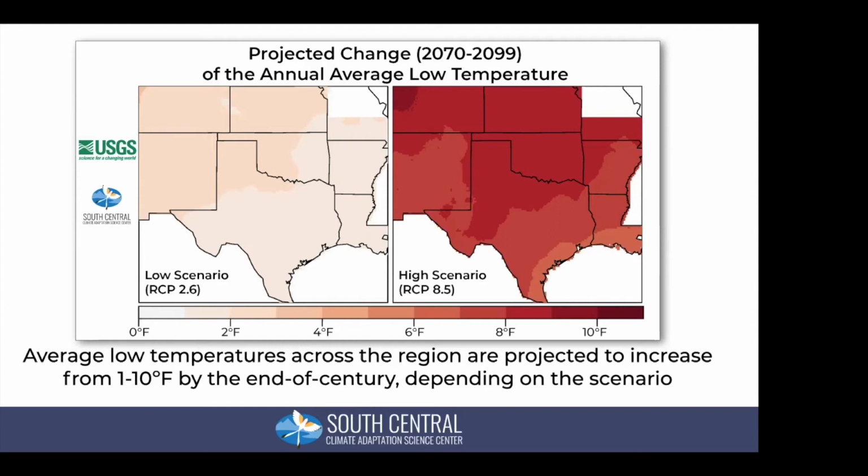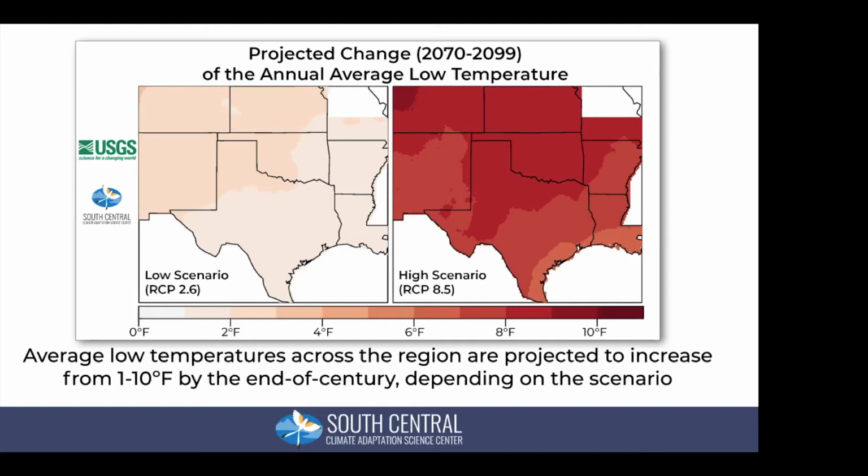I do want to mention here that our level of confidence in these temperature projections is very high. There is a straightforward relationship between more energy added to our atmosphere through adding greenhouse gases and higher temperatures. Also, our 27 projections for these and the other temperature-related maps that I'm going to show you are extremely consistent.